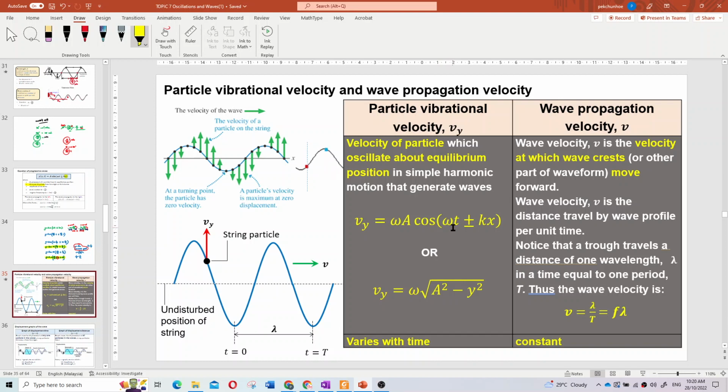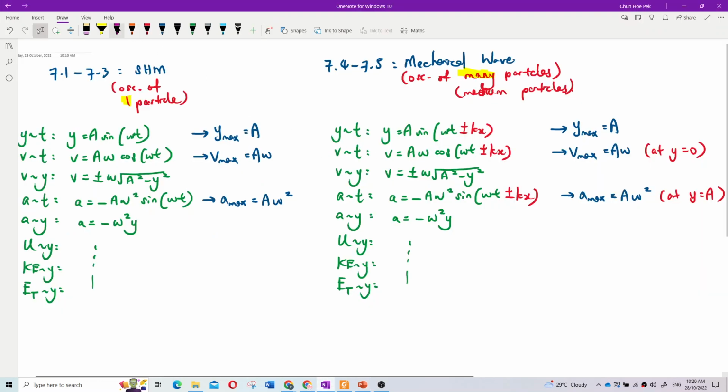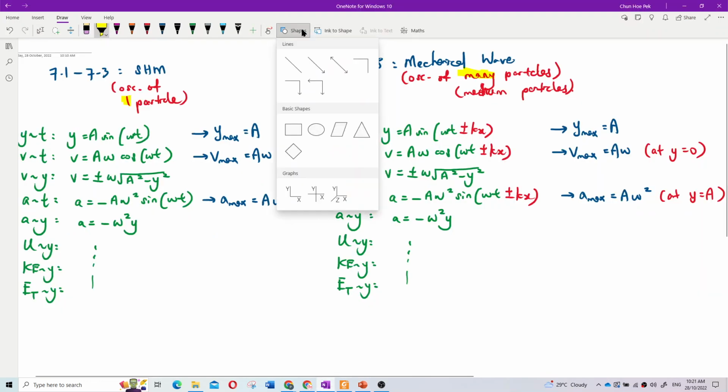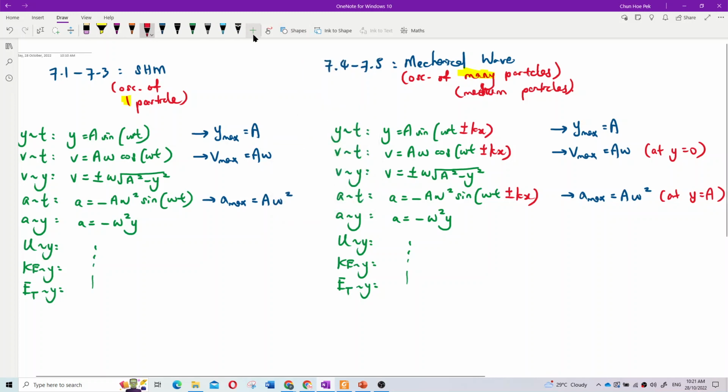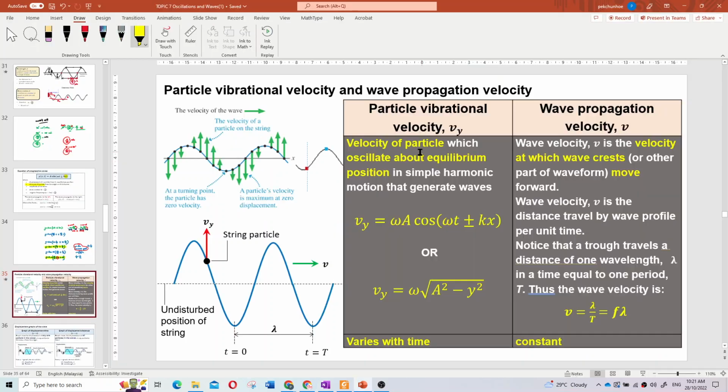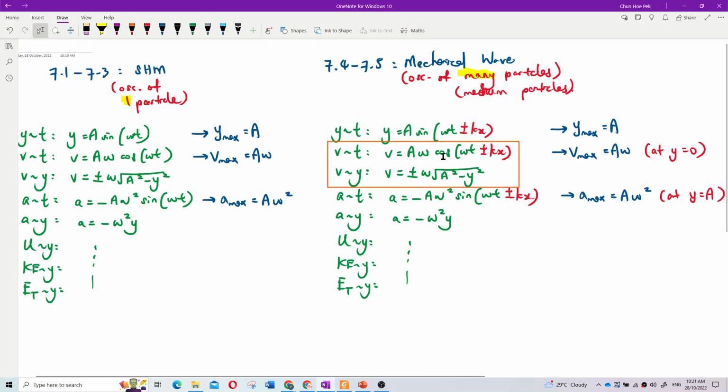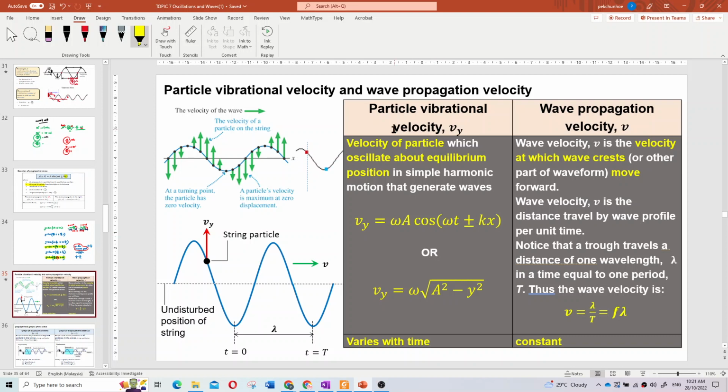A omega cos(omega t plus or minus kx), and omega square root of a square minus y square, which are these two formulas. Is it the same? This formula and this formula, right?